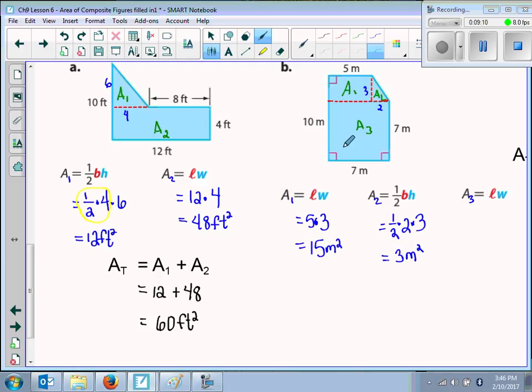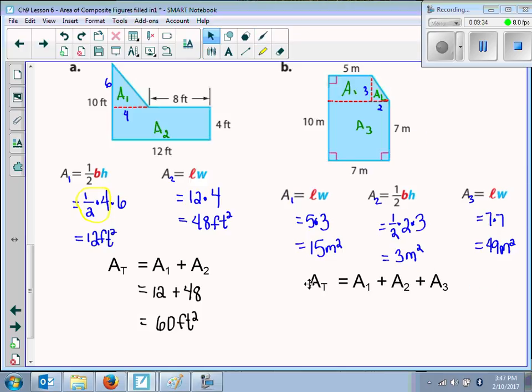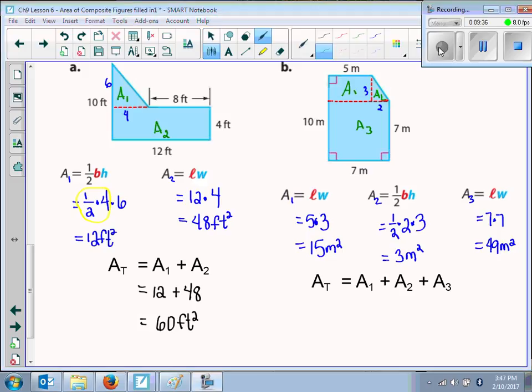And now we can find the area of area 3. So length times width, that's a simple one, right? We've got 7 times 7. So that's going to be 49 meters squared. And now, to find the total area, we just add them all together.